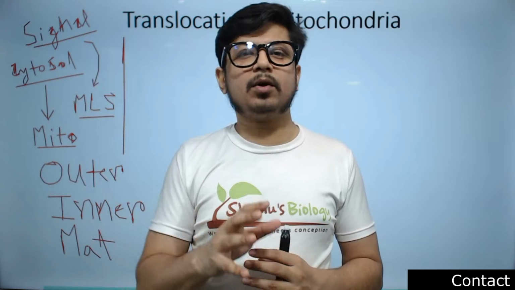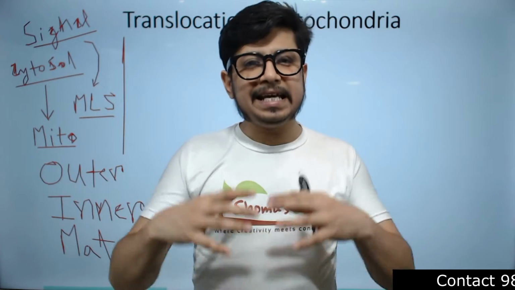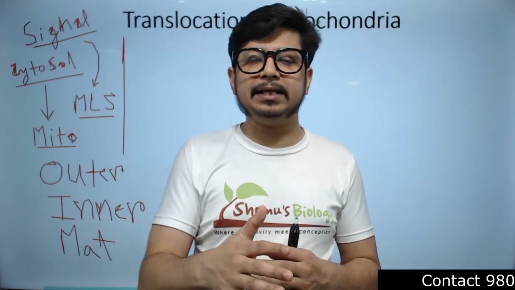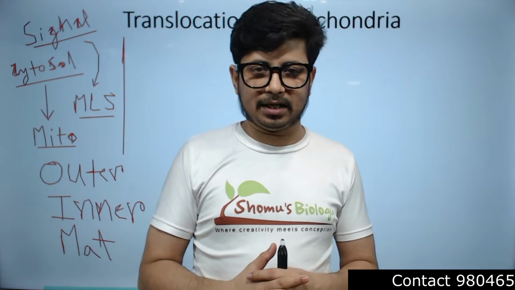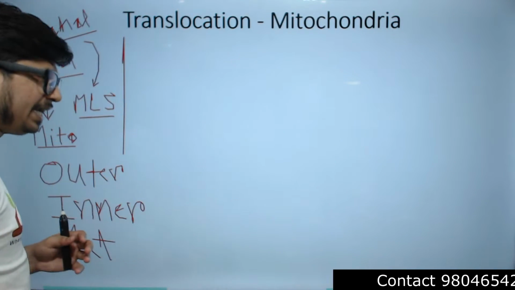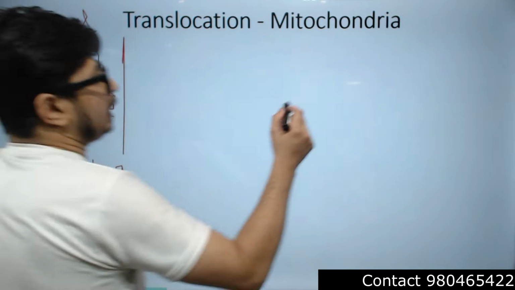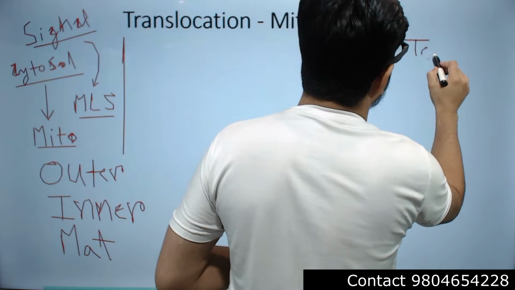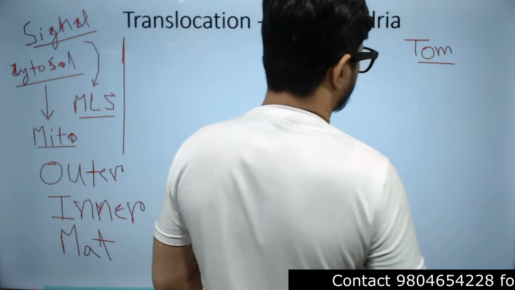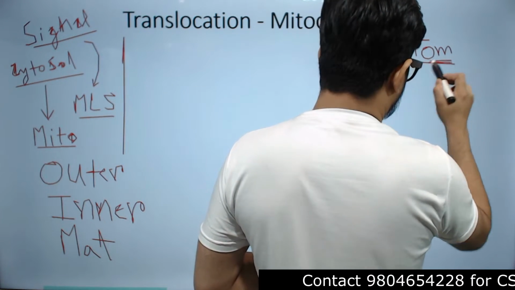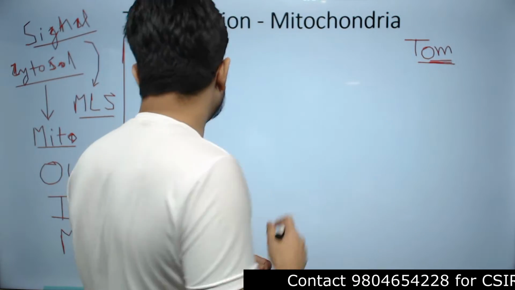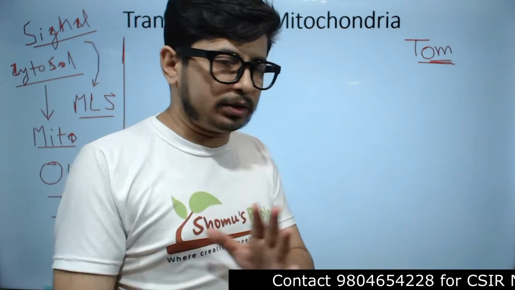The outer membrane of mitochondria has some of these channel proteins. The inner membrane of mitochondria also carries some of these channel proteins. They are generally termed TIM and TOM. I must write it here. TOM is the translocase of the outer membrane, the translocon, a channel protein in the outer membrane.